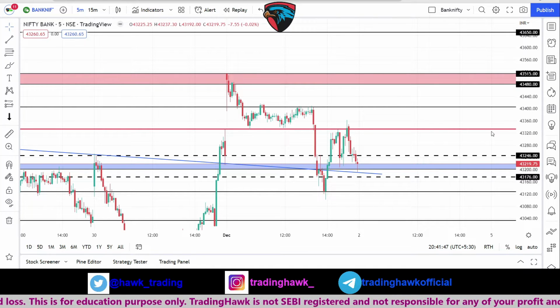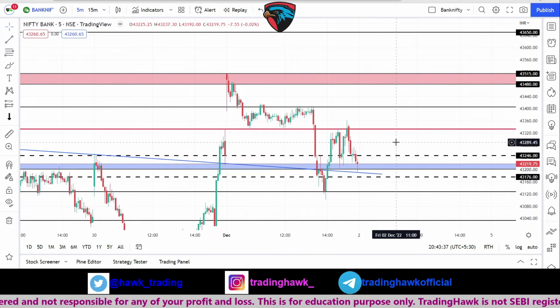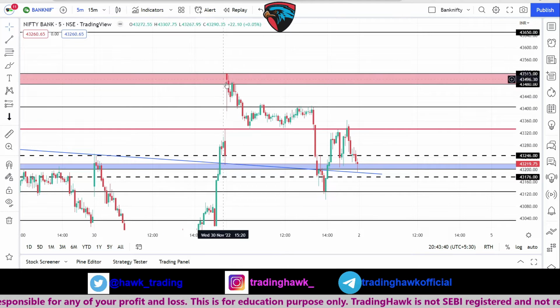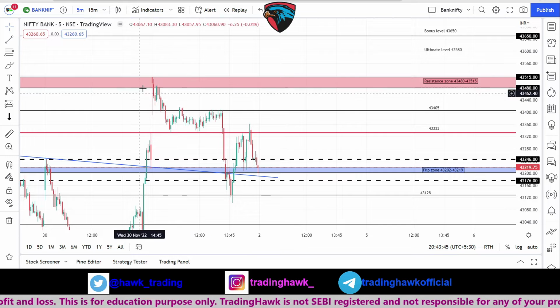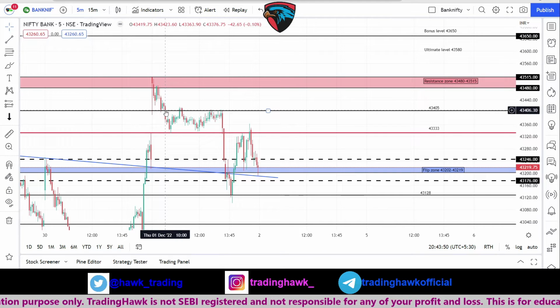Welcome everyone once again. I hope you all watched my yesterday's live session in which we prepared these levels, and so far the levels were working fine with respect to Fibonacci. You can see it reversed exactly near this resistance zone, took the resistance again and then gave the breakdown.